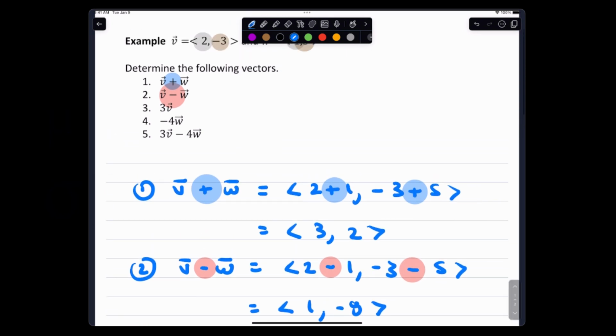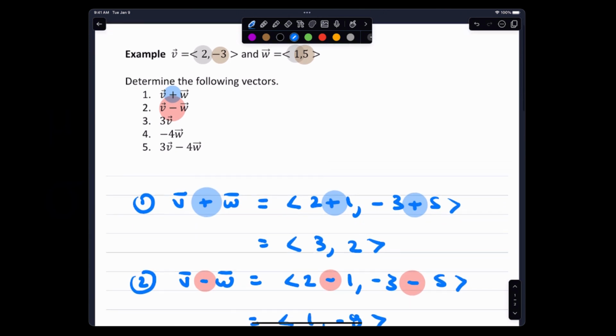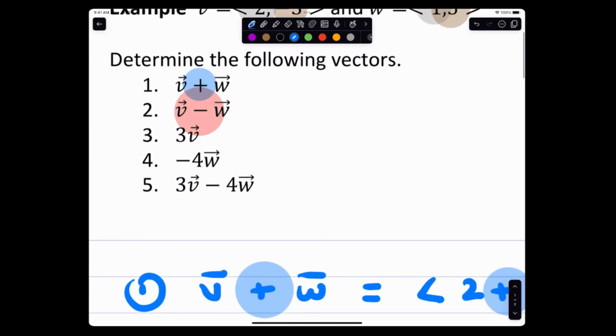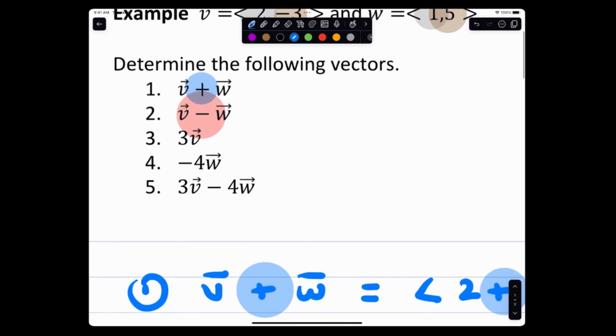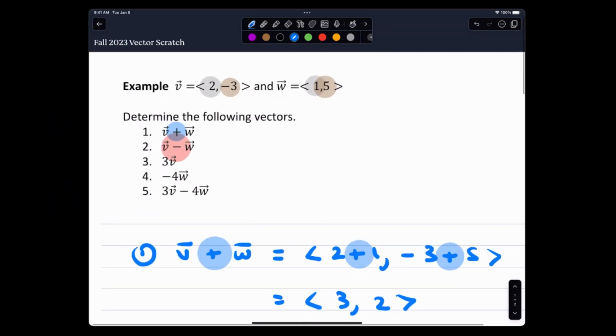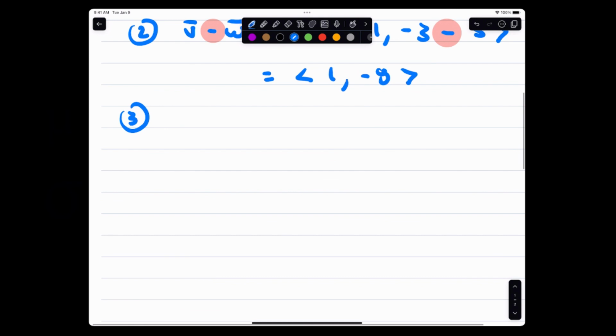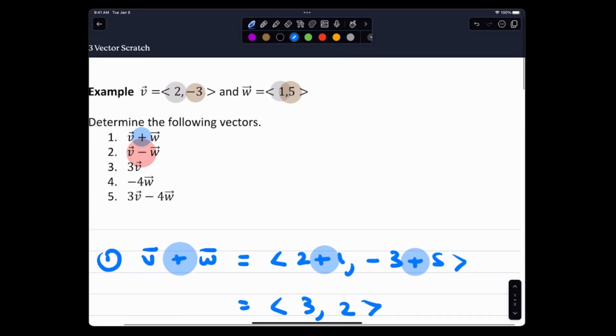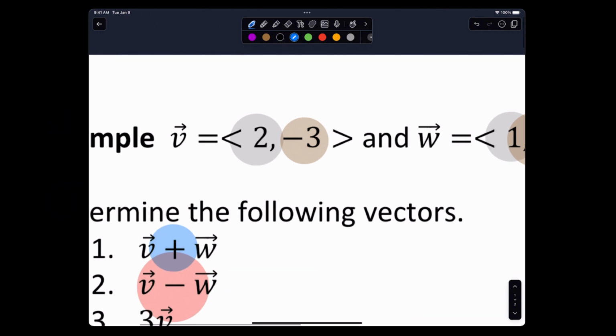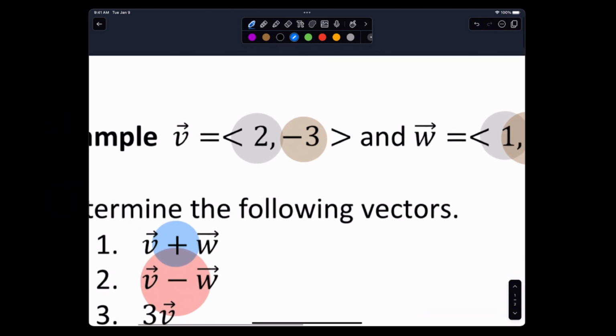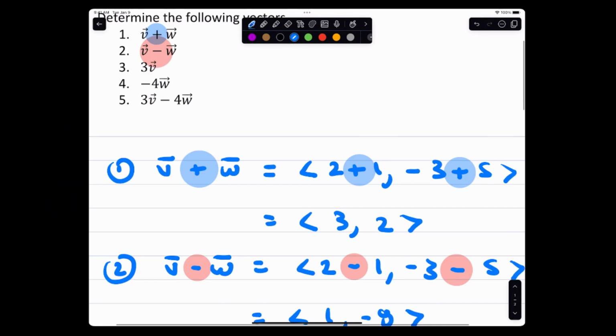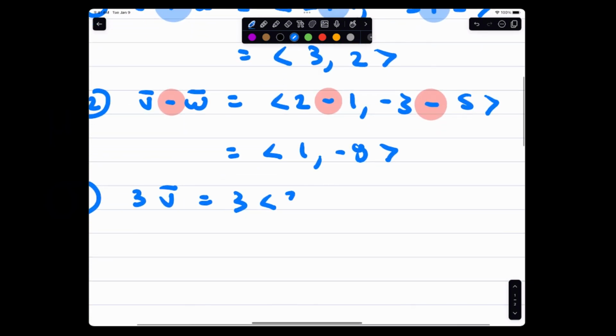Okay, now what does question number 3 say? That's scalar multiple. What's 3 times v? Right? 3 times v. So number 3, you're going to say 3v. Now, what I like to do, just so you guys know, is I put down my v vector, 2, -3 components. So I'm going to put next to these values, this is 2 and -3.